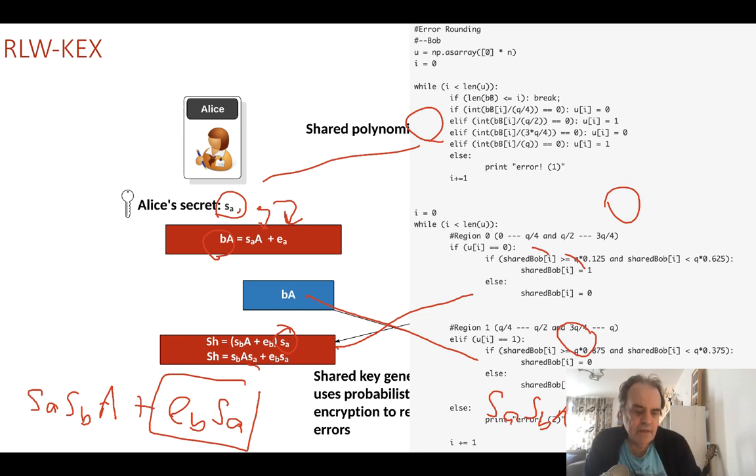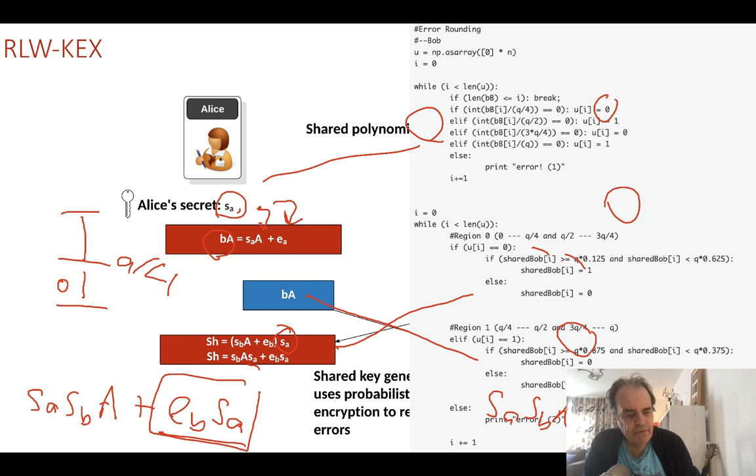We look at the values that we create, and if the value is between 0 and q/4, we define that as a 0. If it's between q/4 and q/2, it's a 1. Most of the time the noise will be much smaller than the overall value, and we'll be able to pick off our value well.